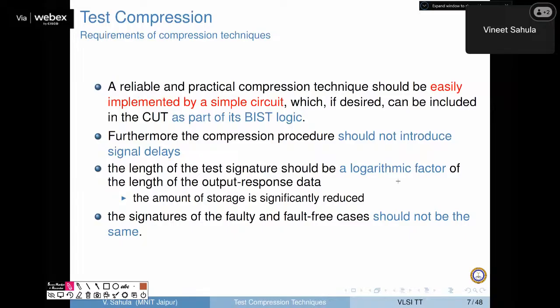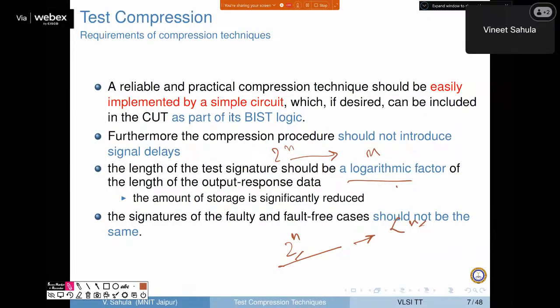What I mean to say here is, if you had 2 to the power n length of sequence, we should compress it at least into n length, which is log of this, right? So logarithmic factor means you compress a 2 to the power n sequence into at least n or less than n. That's the target.